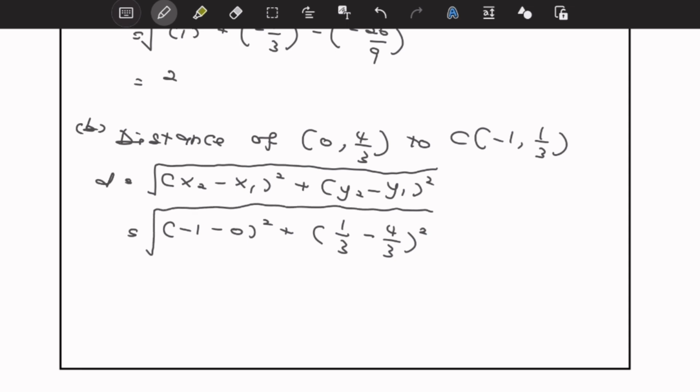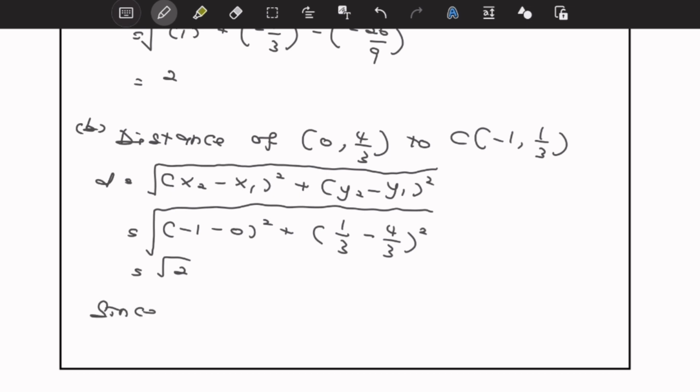The calculator gives us root 2. So we can compare this value, d equals root 2, with the radius that we got just now in part A. So we will conclude our answer.